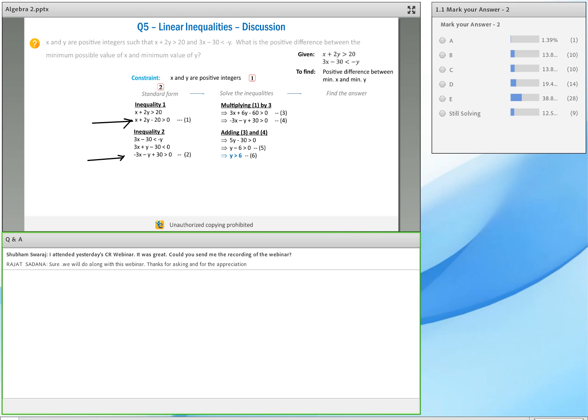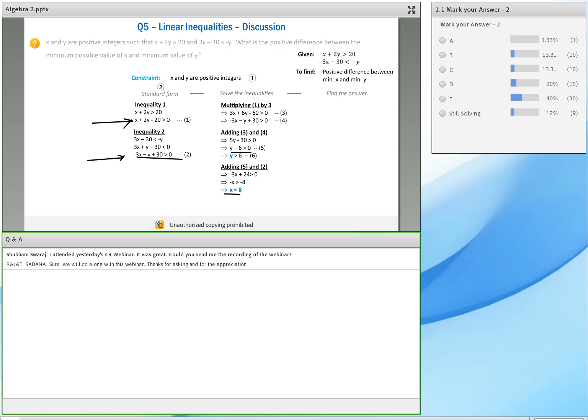All right, let's move forward. If y is greater than 6, I take the equation where y minus 6 is greater than 0 and add it to equation number 2. The y cancels and I get x is less than 8. Again, reverse the sign of the inequality when you multiply by a negative number.